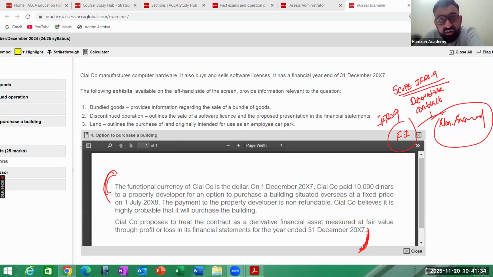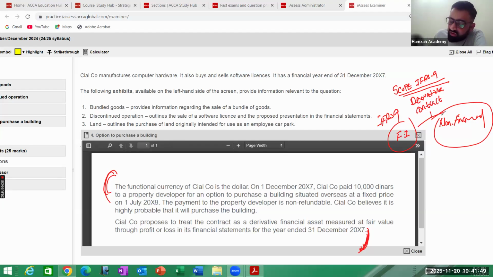But the derivative contract on non-financial items like commodities, crude oil, or any other commodity like wheat, rice, coffee beans, these are non-financial instrument derivatives.